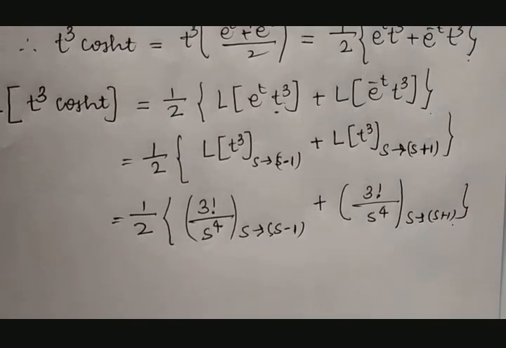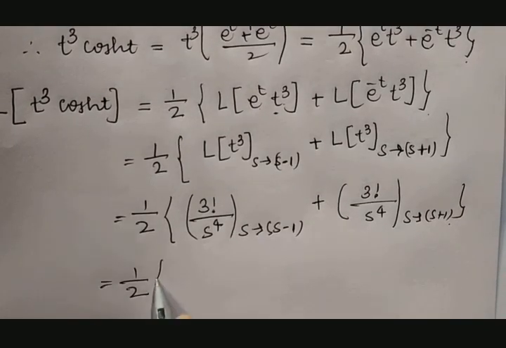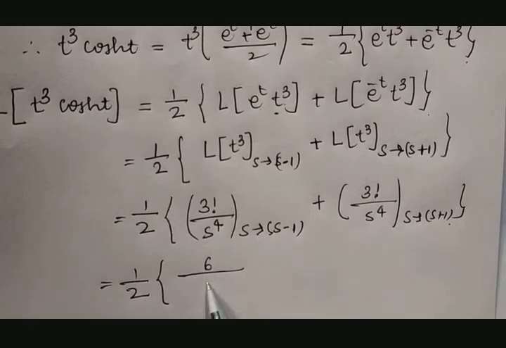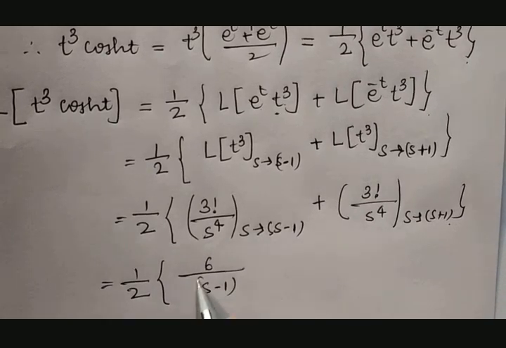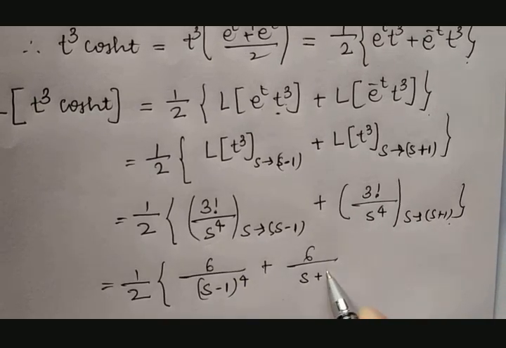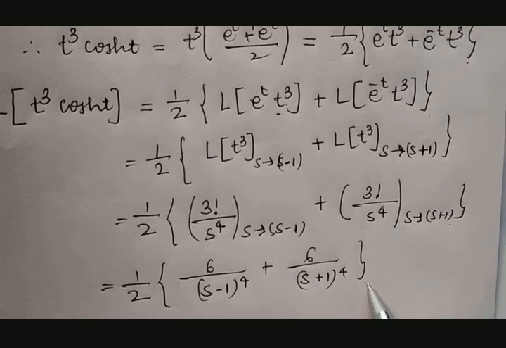Therefore, this is equal to 1 by 2 into 3 factorial, which is 6, divided by s minus 1 raised to 4, plus 6 divided by s plus 1 raised to 4.